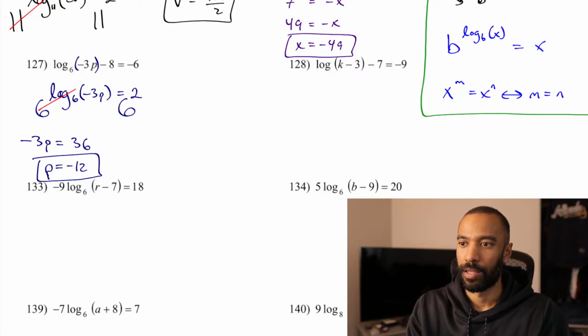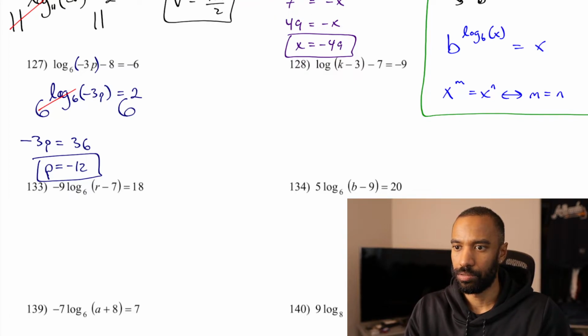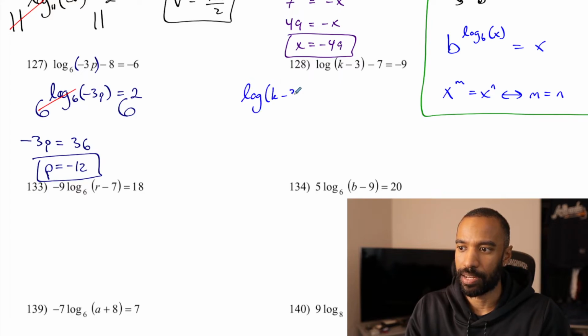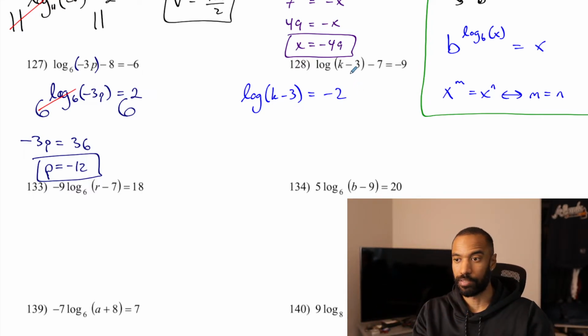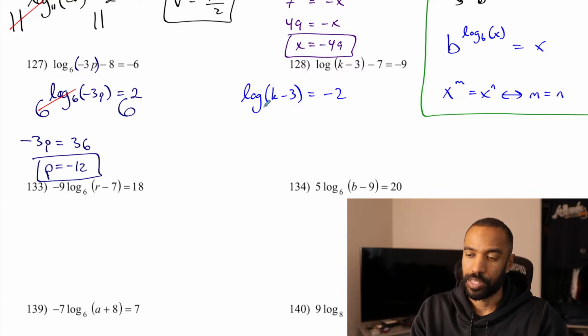All right, 128. Log of k minus 3 minus 7 equals negative 9. So we are going to add 7 to both sides. We get log of k minus 3 equals negative 2. Now, one thing to note is that this is log base 10.